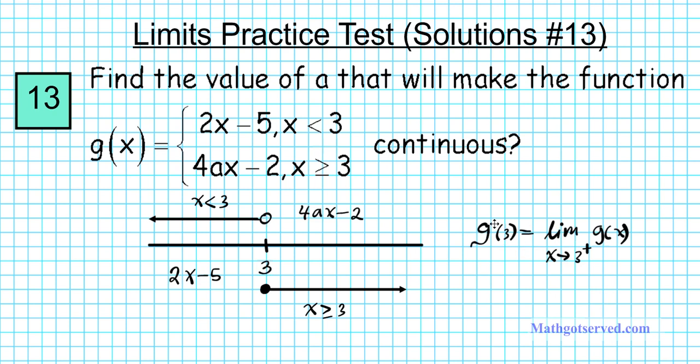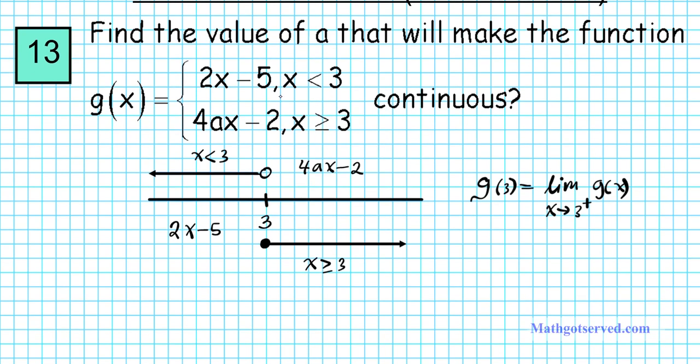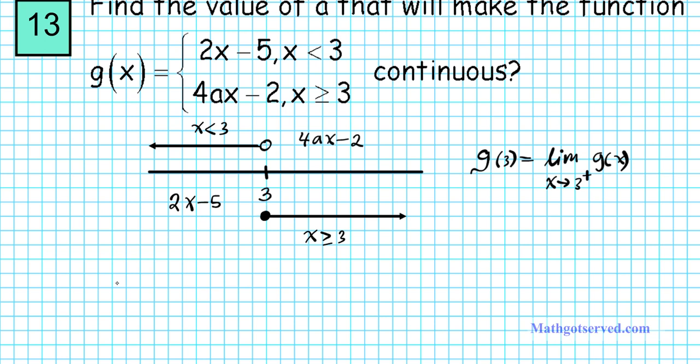We just have to show that the left and the right hand limits are the same. So in order for the function to be continuous at x equals 3, initially we have to show that the limit as x approaches 3 from the left of g of x is equal to g of 3, the value of the function at x equals 3, and that also has to be equal to the limit as x approaches 3 from the right of the function.